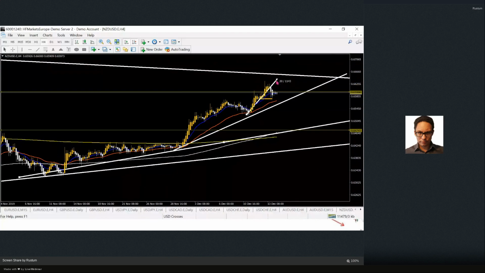So when you get a push up and the preceding push up was longer than this one, the next pullback is not a good idea to follow that trend, because our impulse moves up are getting shorter and shorter. So this is the trend line analysis.